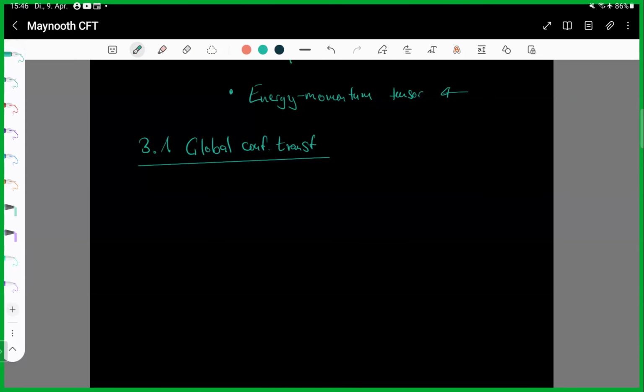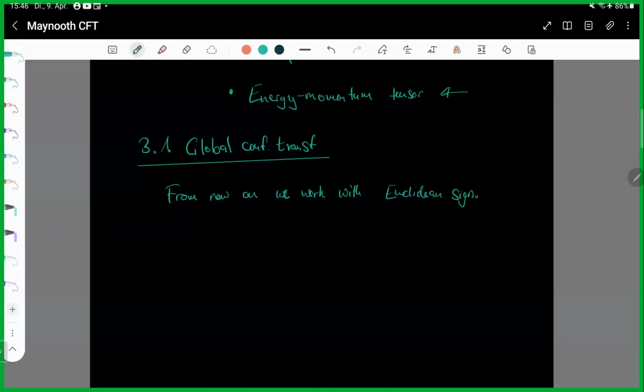From now on, we're going to stick with Euclidean signature, meaning that we have a manifold, like I said in the beginning, which is not going to be Minkowski space, but just good old R2.